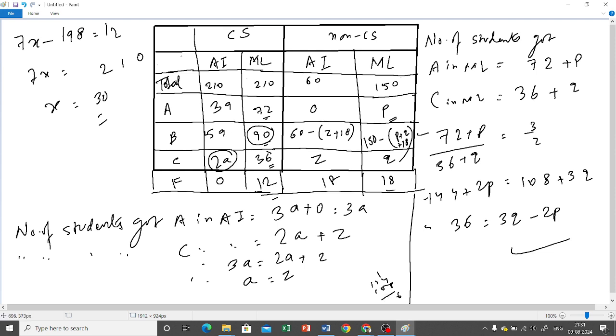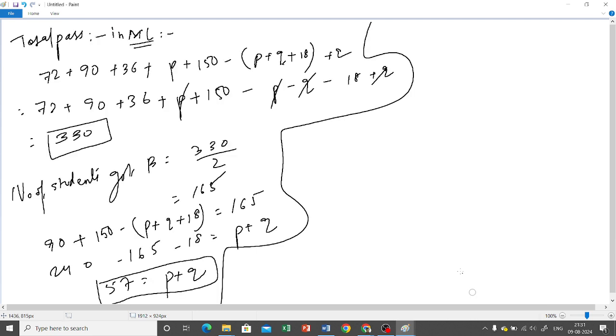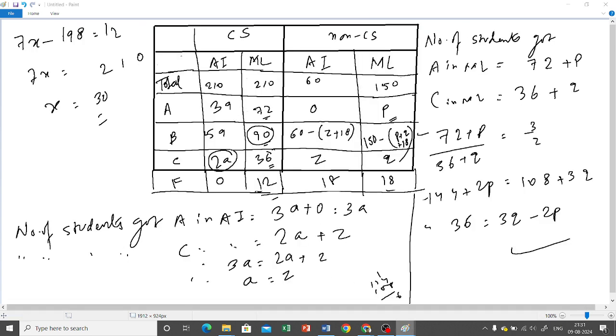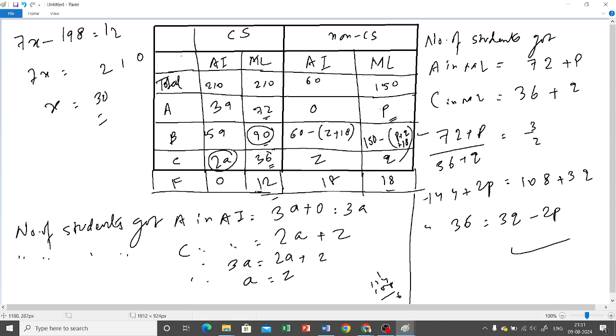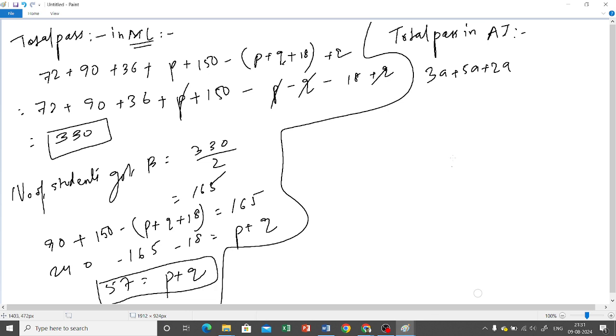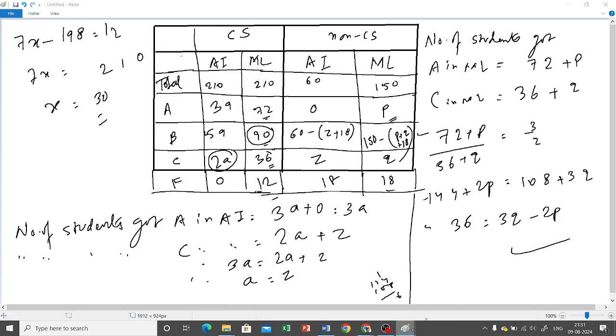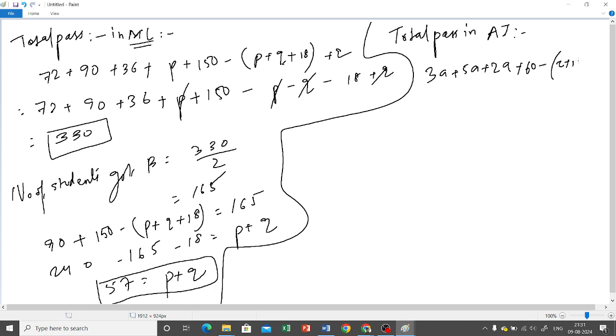So total number of people who passed in AI is 3a plus 5a plus 2a plus 60 minus bracket z plus 18 plus z.